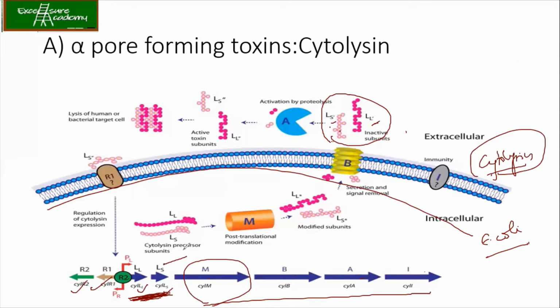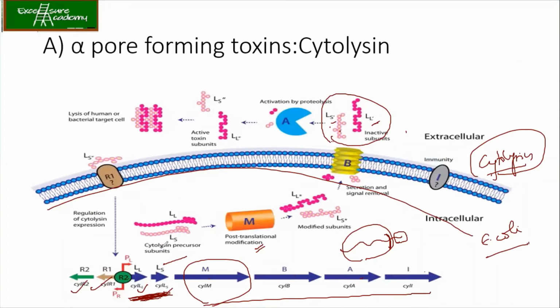For example, it can be a change in the secondary structure, or making them from inactive form to active form by degrading the starting of the peptide, which are like signals only, correct? अगर जैसे ये एक polypeptide chain है, starting में एक signal रहता है, so there are certain enzymes which actually remove this signal and allow them to get modified into their respective secondary or tertiary structure. Okay, that is what is meant over here.